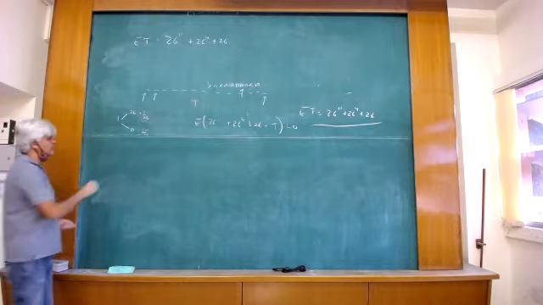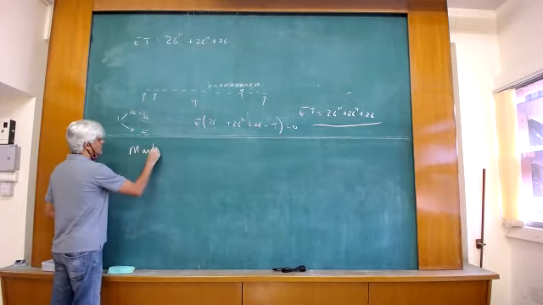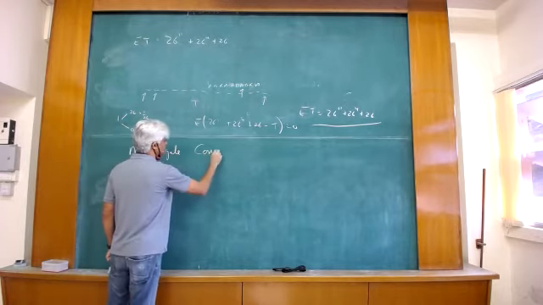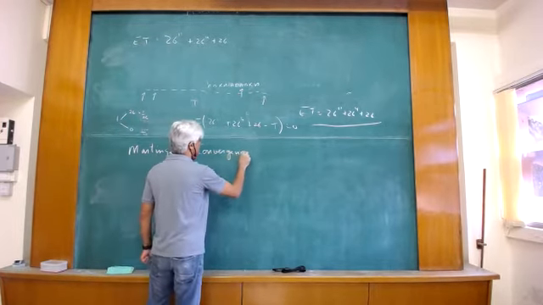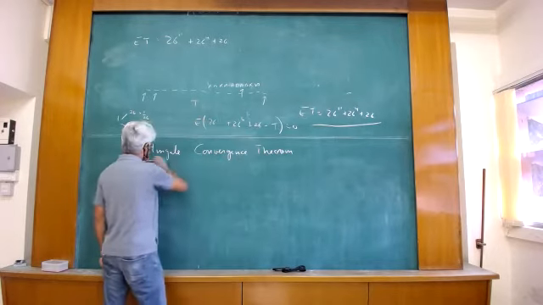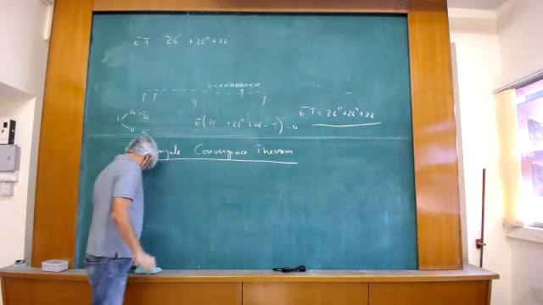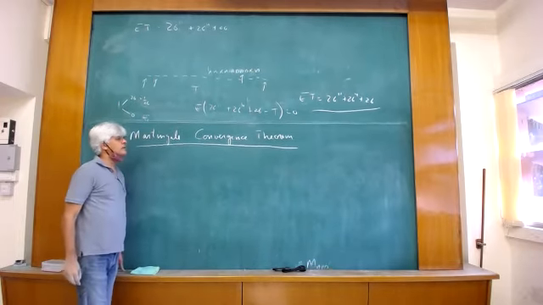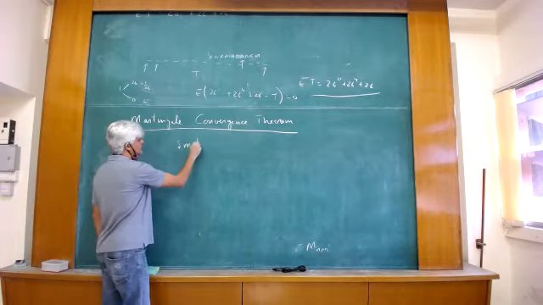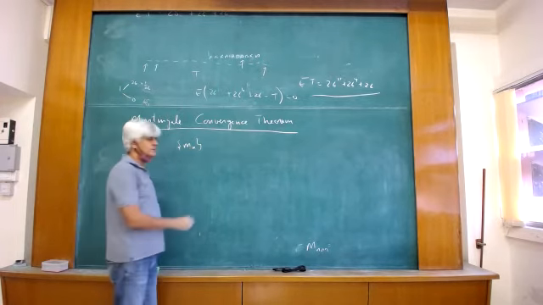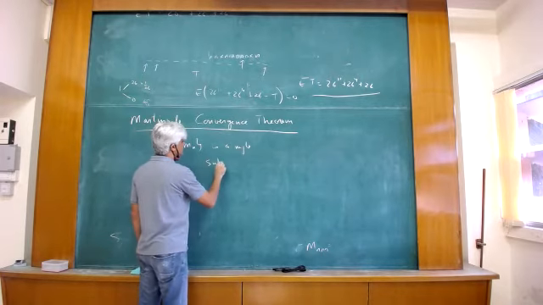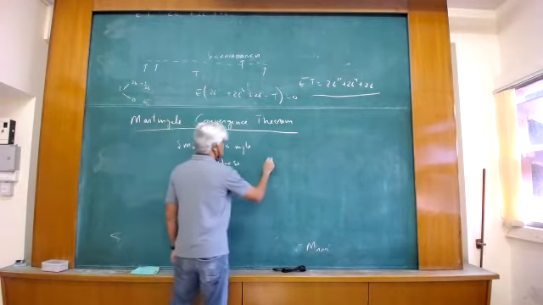Now let's do a big result, the martingale convergence theorem. Suppose Mn is a martingale, with some filtration, and suppose it's L1 bounded.